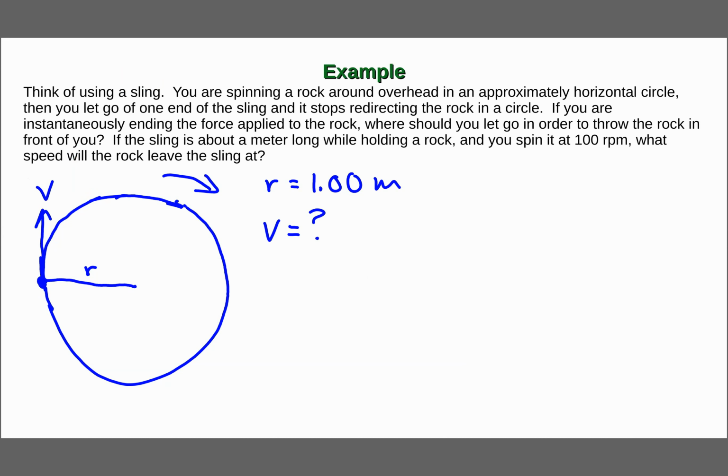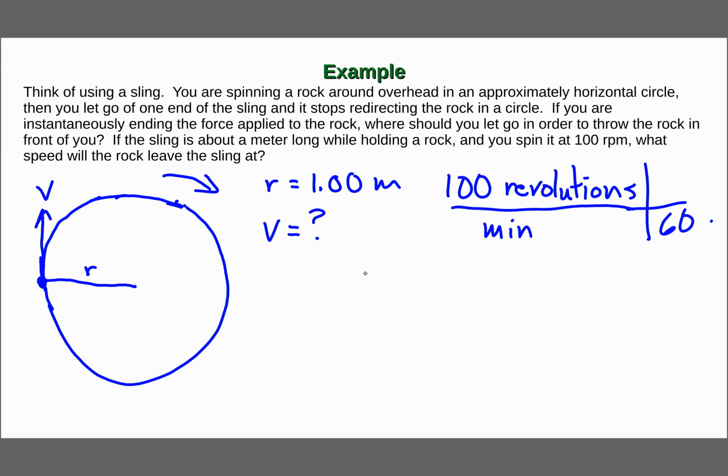So if we're spinning it at 100 RPM, that's 100 revolutions per minute. And then, of course, there's 60 seconds in a minute, right? But you can see if I flip this fraction over, I would have 60 seconds per 100 revolutions.